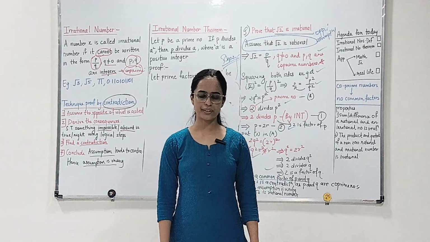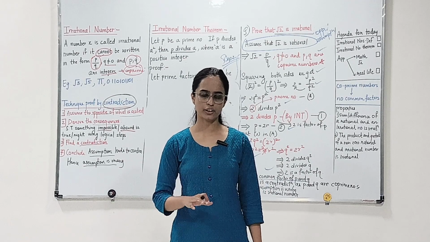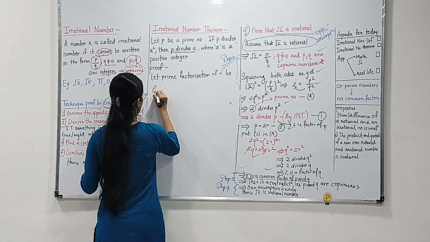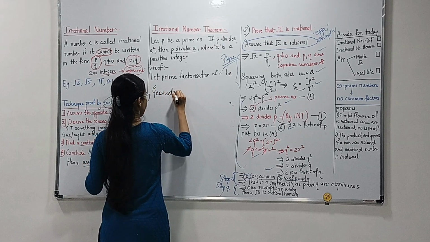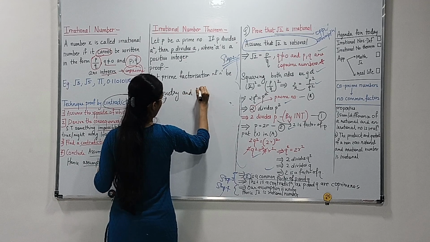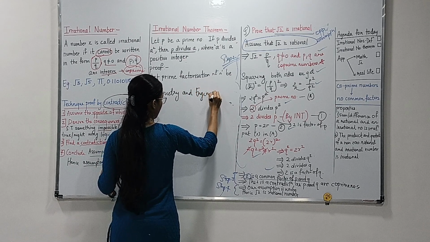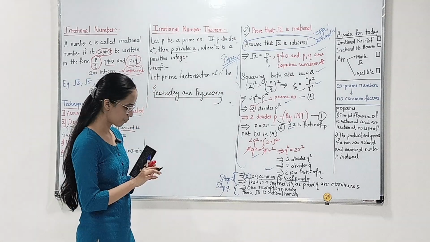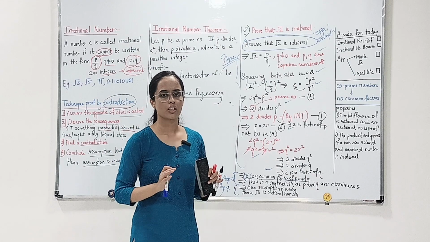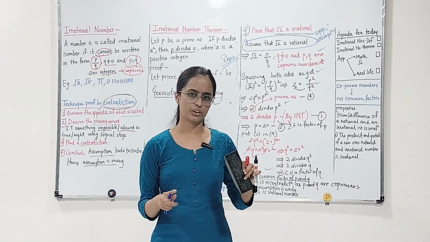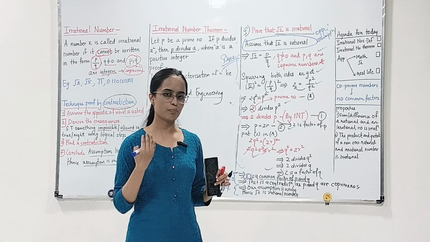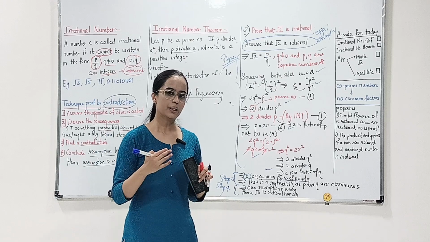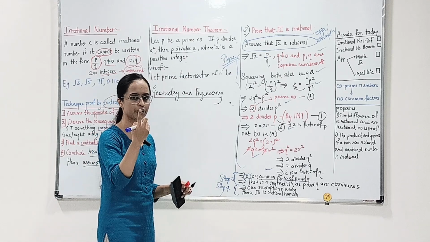So the application of irrational numbers can actually be in the area of geometry and engineering. So how is it used in geometry and engineering? Let's say a civil engineer wants to construct a pipe which is circular. Now if you want to find out the length of the circular pipe, how?